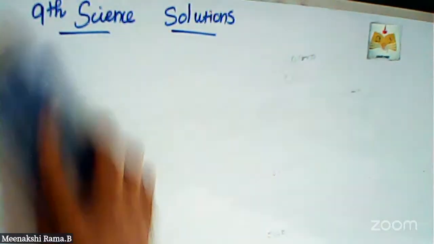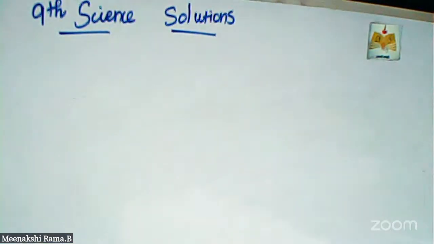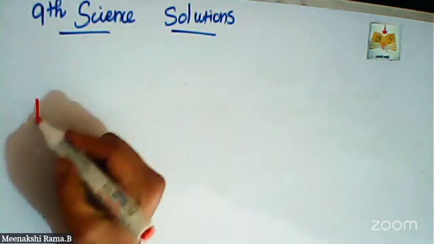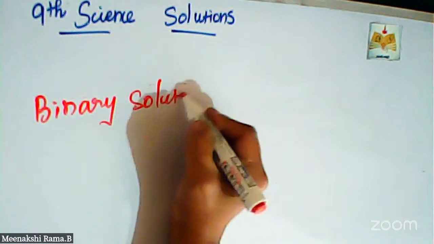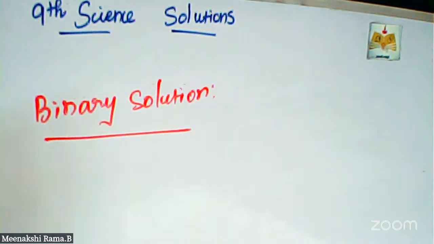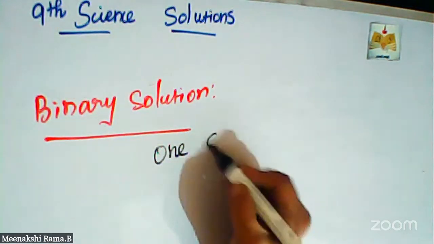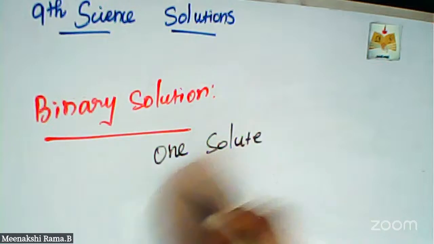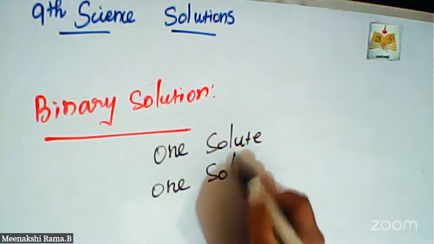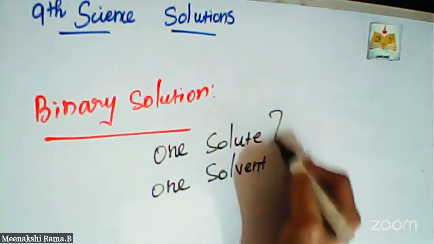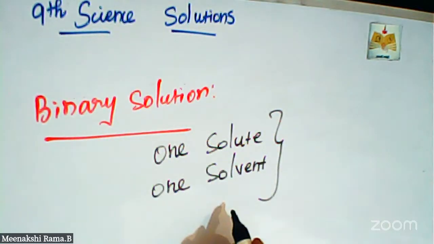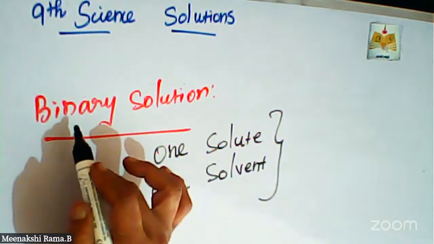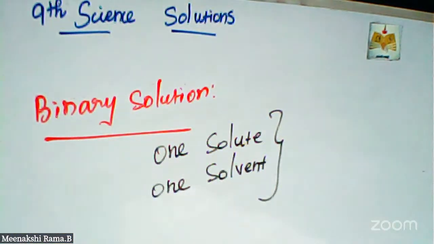Binary solution means one solute and one solvent. Okay. Binary solution. What is binary solution? Made of one solute and one solvent. So, when we prepare with the help of one solute and one solvent, that kind of solution is called as binary solution.